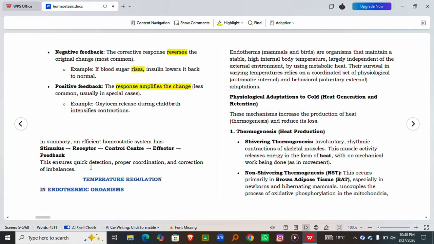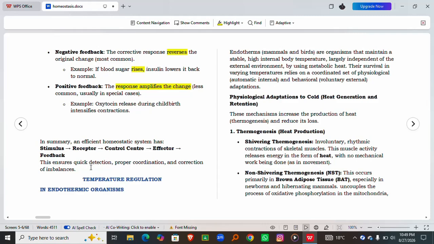So we shall look at temperature regulation. Of course, we have had instances where temperatures increase and you feel restless because the temperatures are too high. There are situations where temperatures are too low. You feel very cold. You want to cover yourself with a very heavy blanket.